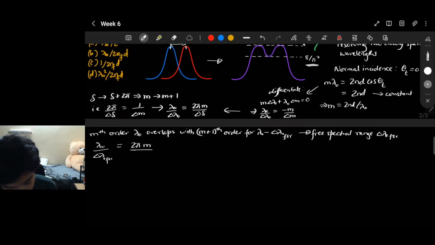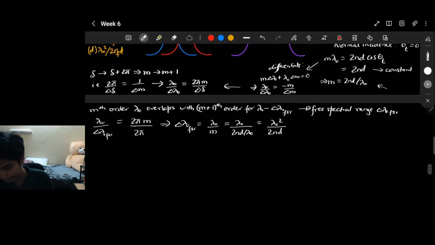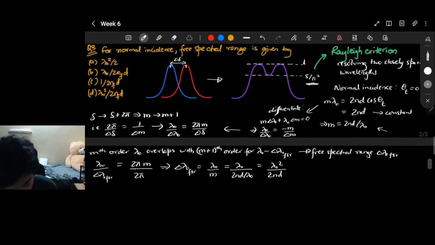And this delta of delta would be 2 pi from one peak to another peak. And lambda naught over m, from here we will get, so the correct option is option D, lambda naught squared by 2 n f d.